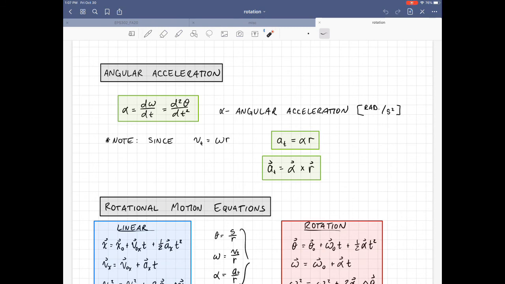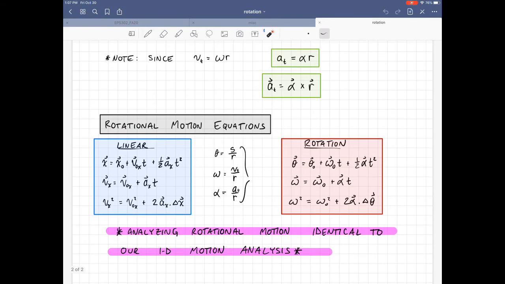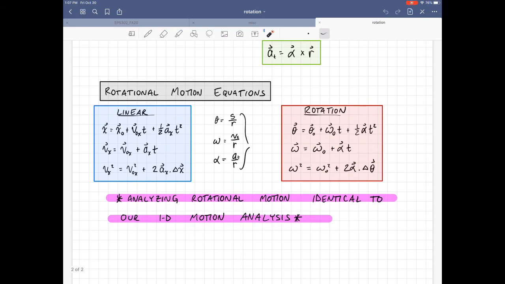One thing that is incredibly important to appreciate, and that makes investigating rotational or angular motion so natural as we transition from translational motion, is that all of our linear or translational expressions for motion, so here I have my kinematic equations listed, all of those have an analog in rotational or angular motion.